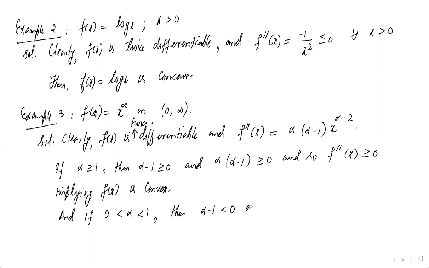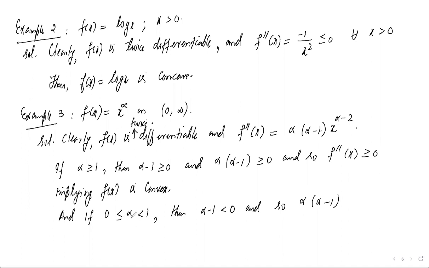And so alpha into alpha minus 1. Now this alpha is less than 1, but alpha is positive. So this alpha is always positive, but alpha minus 1 is negative. So this product is less than 0.